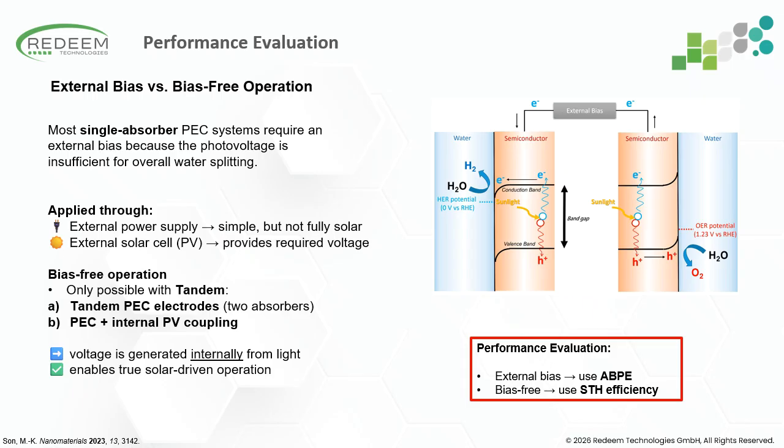And now here in the red box, this distinction is important when comparing reactor performance. If an external bias is applied, we normally evaluate the system using the applied bias photon-to-current efficiency, or ABPE. And for completely bias-free operation, the appropriate metric is the so-called solar-to-hydrogen efficiency, or STH. The next slide will explain both metrics in more detail.